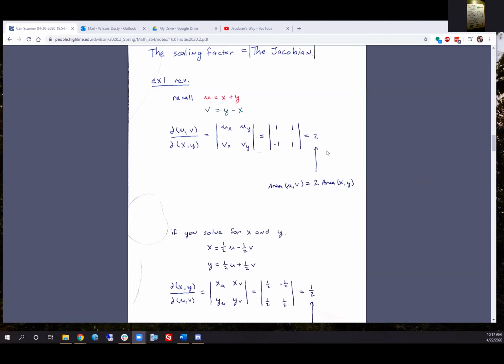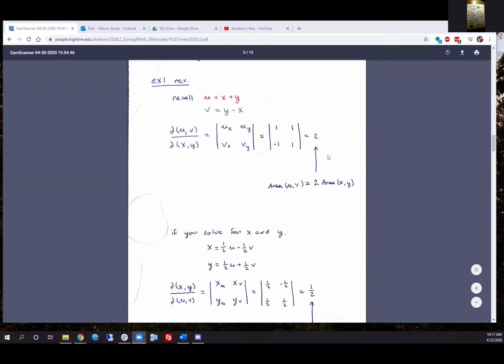So in general, at least in the questions that we're going to talk about in class today, if your equations are solved for uv, you can just find your Jacobian of uv with respect to xy, and then if you need the other one, just take the reciprocal of what you're given. If you prefer, you could do a whole bunch of algebra, probably substitution or elimination, in order to solve for x and y. Does that answer your question, Joseph? Yeah, that helps. Very good.